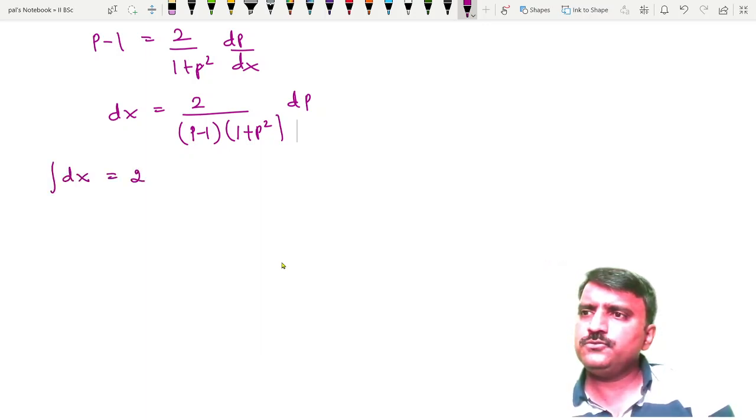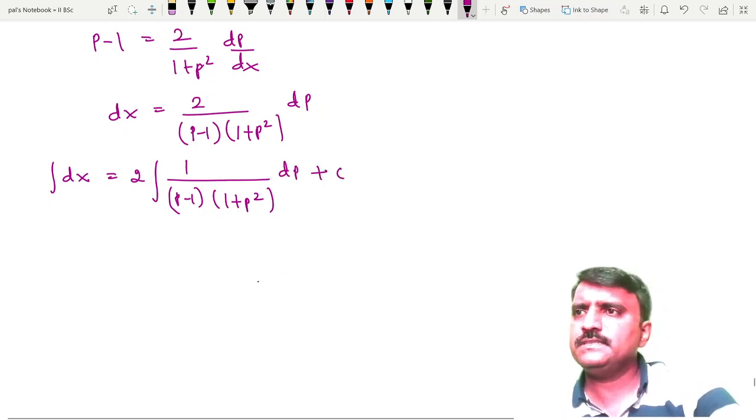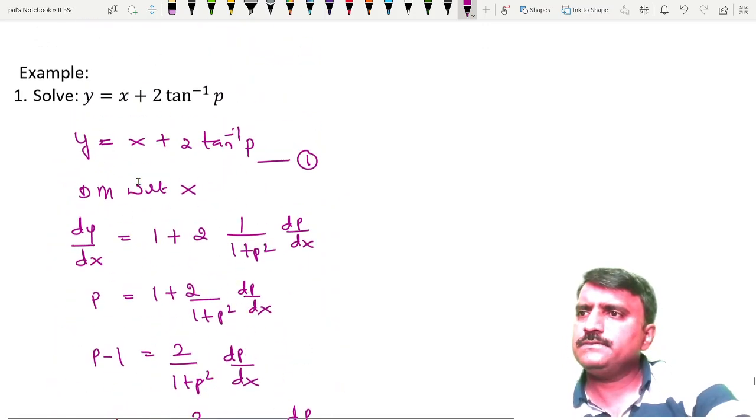is equal to 2 into integration of 1 by p minus 1 into 1 plus p square into dp, isn't it? Plus constant. I will check this once again. As we write y is equal to x plus 2 tan inverse of p, we are differentiating this.